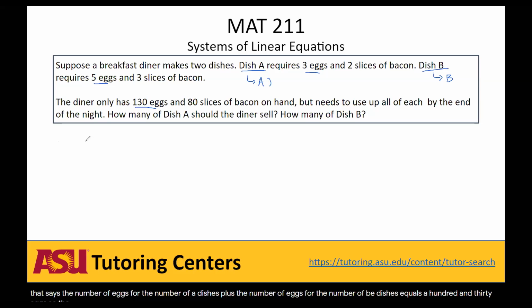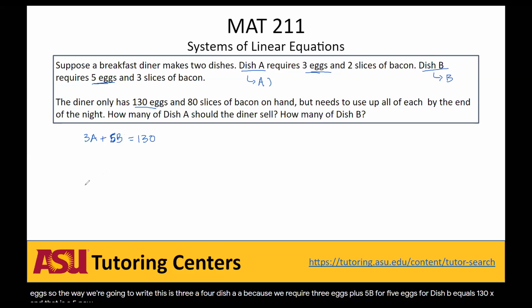So the way we're going to write this is 3A for dish A because we require 3 eggs, plus 5B for 5 eggs for dish B, equals 130 eggs.